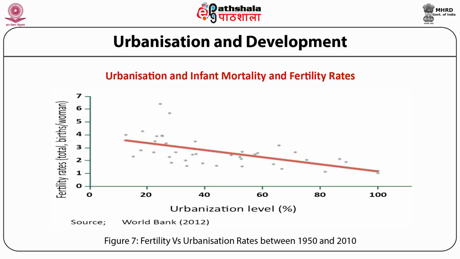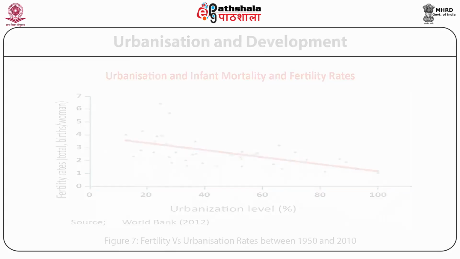The fall in fertility rate along with increase in rate of urbanization has been shown in figure 7. The figure shows that as the rate of urbanization comes close to 100%, the fertility rate is expected to come close to 1 birth per woman.